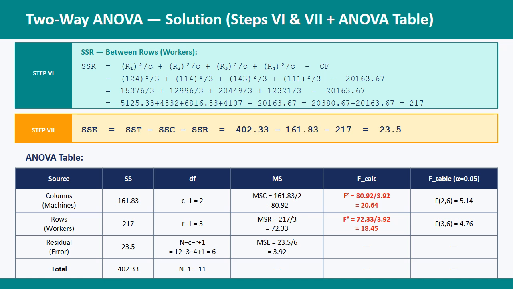So we should not put the number of columns and number of rows in SSC and SSR, but we should put the total number of elements in both rows as well as in columns. Then the last step is finding SSE. We know that SST is the sum of SSC plus SSR plus SSE. So from that equation, we can easily find SSE is going to be SST minus SSC minus SSR, which is nothing but 23.5.